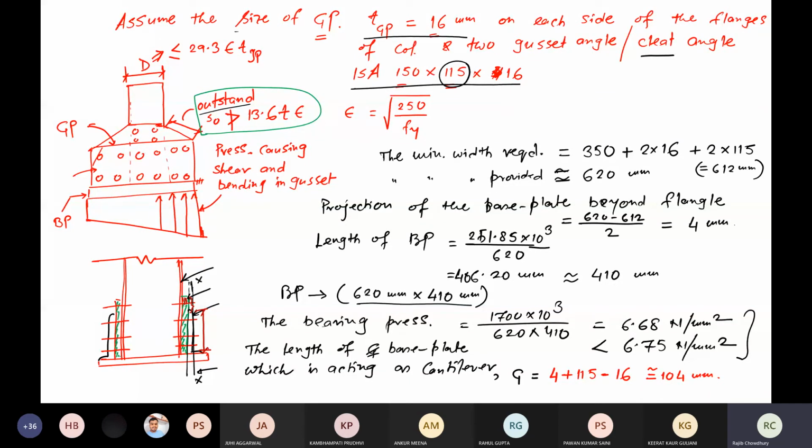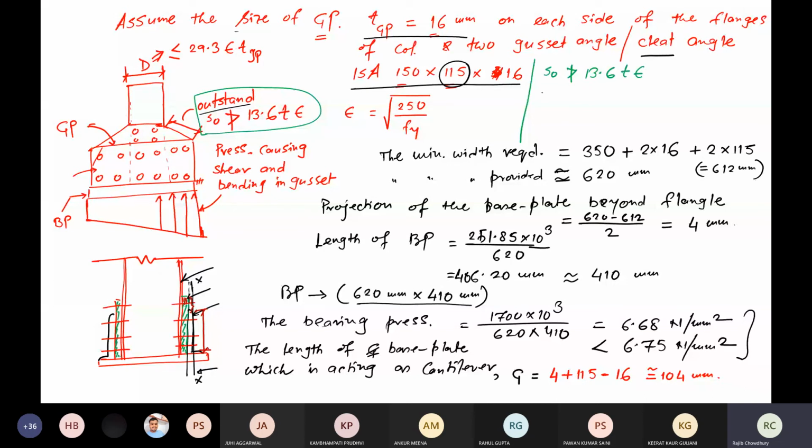That also we need to ensure. We could ensure it in the same simple way, that this S0 should not be greater than 13.6 times T times epsilon.